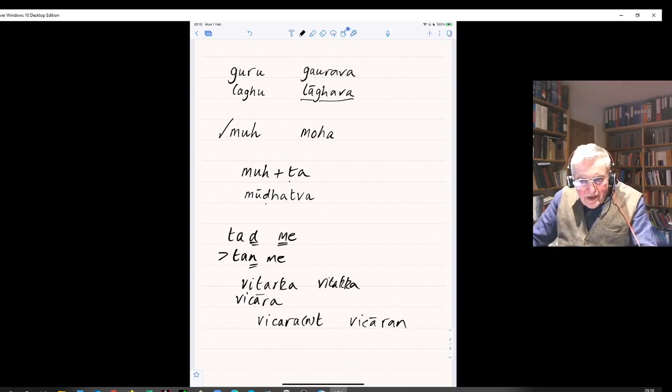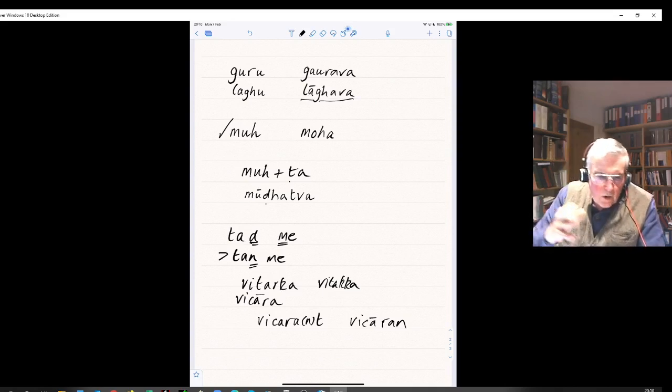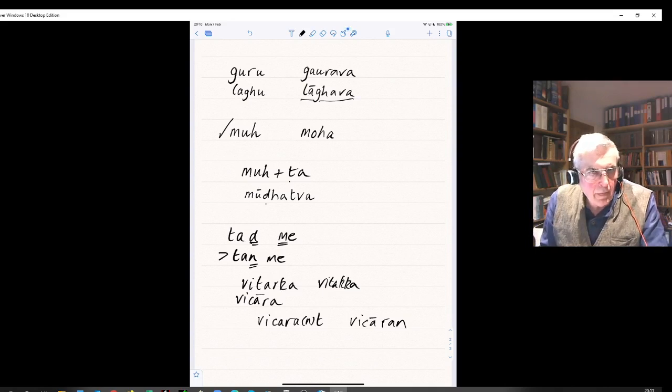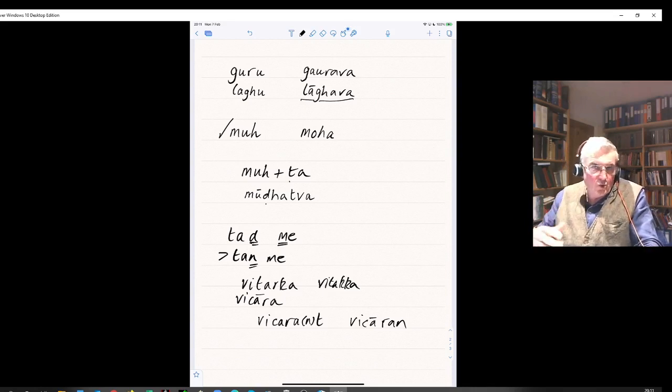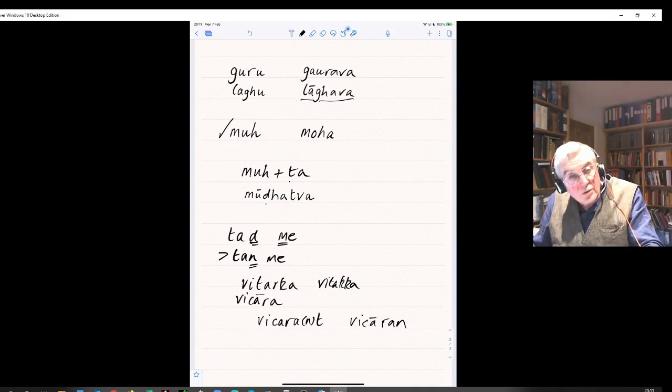So, tan me syad, thus, there might be, me avicharata, of me unthinking, guru laghava mudhatvam. That means there might arise in me, unthinking, this inability to discern guru laghu, the heavy and the light, the important and the unimportant.